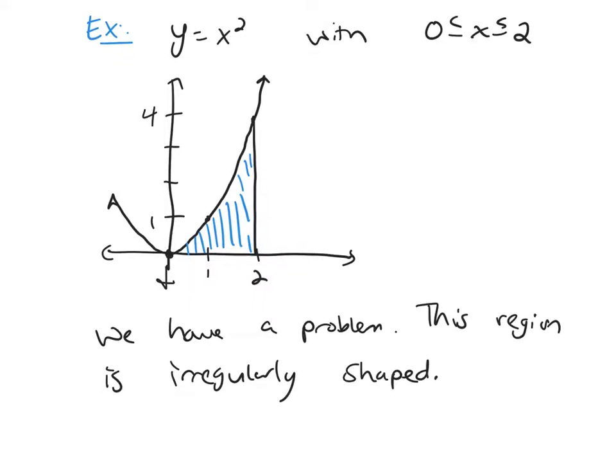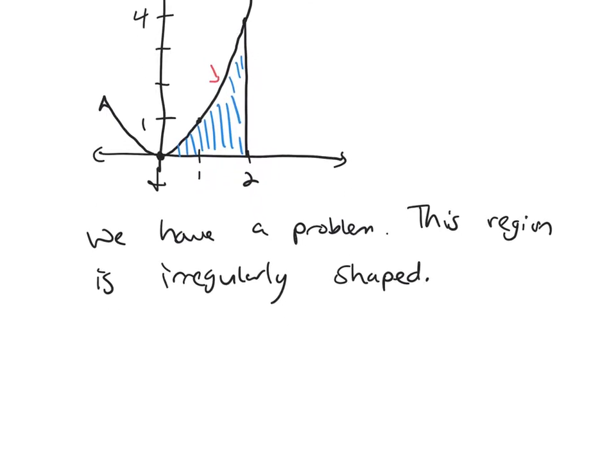I mean, we have a lot of area formulas at our disposal, right? The area of a square, a rectangle, a triangle, a circle, lots of regions we know area formulas for. But the problem is because I have this curved side up here at the top, this is an irregularly shaped region. So none of those area formulas will help us.